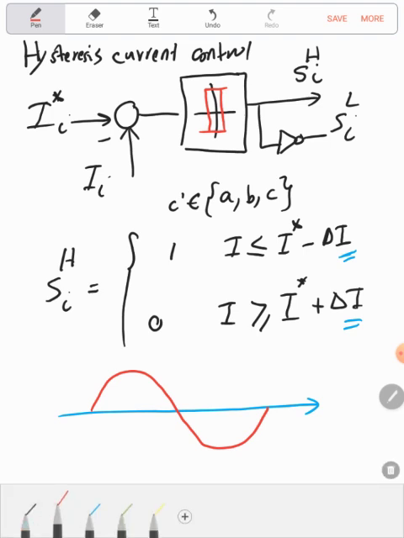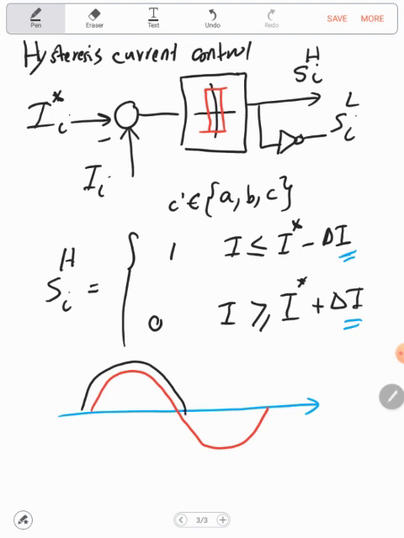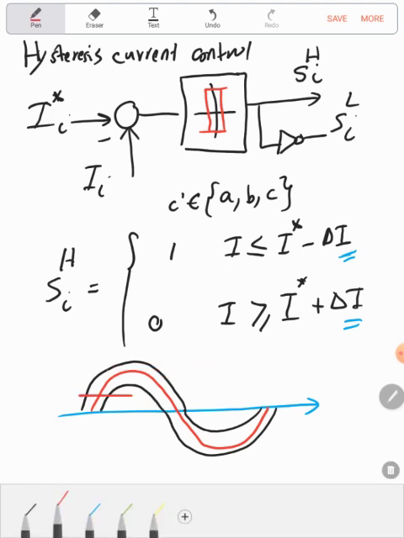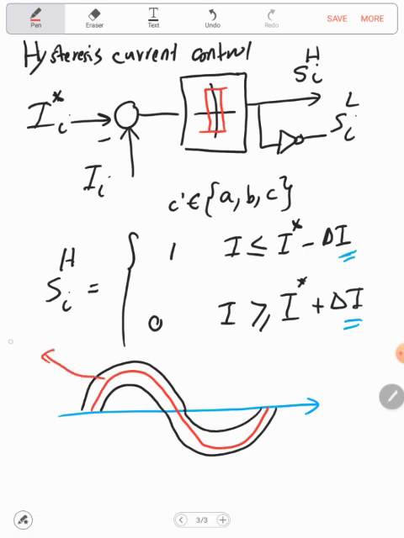Now the idea in the hysteresis current control is to draw two boundaries, let's say, above and under the reference or envelope, in order to encapsulate the reference. So simply for us, this one is I reference.